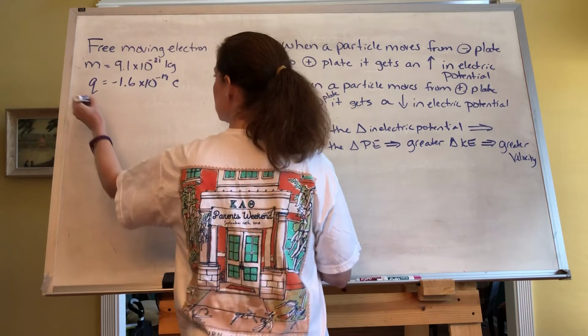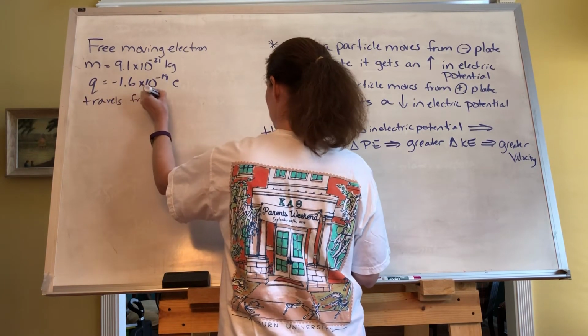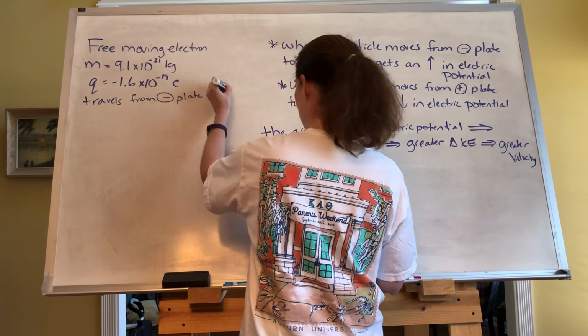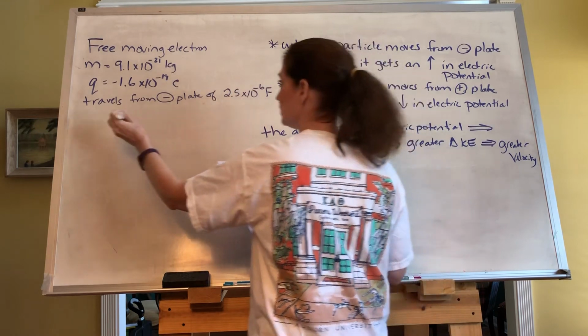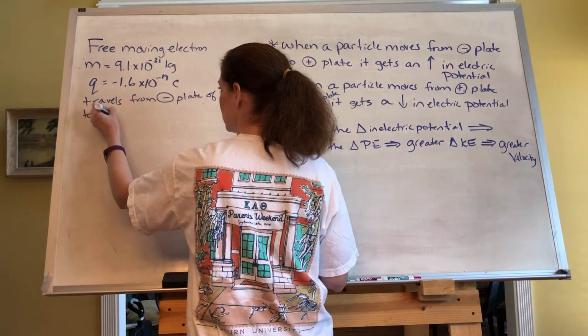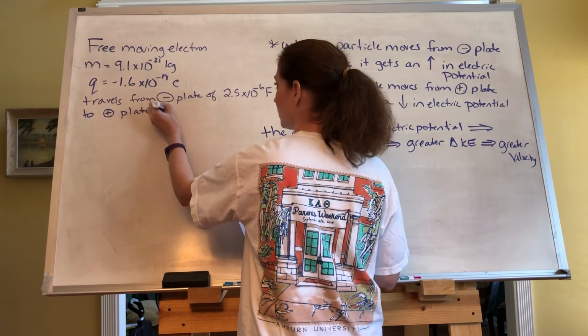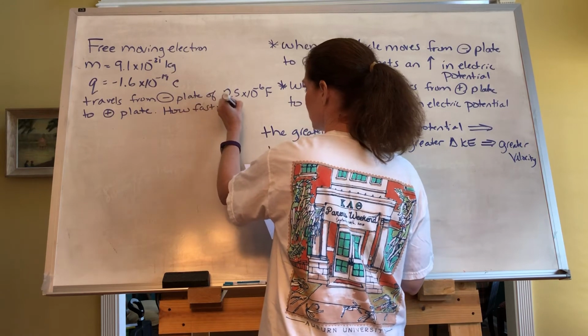And it is traveling from the negative plate of 2.5 times 10 to the negative 6 farads to the positive plate. And we want to know how fast it will be moving.